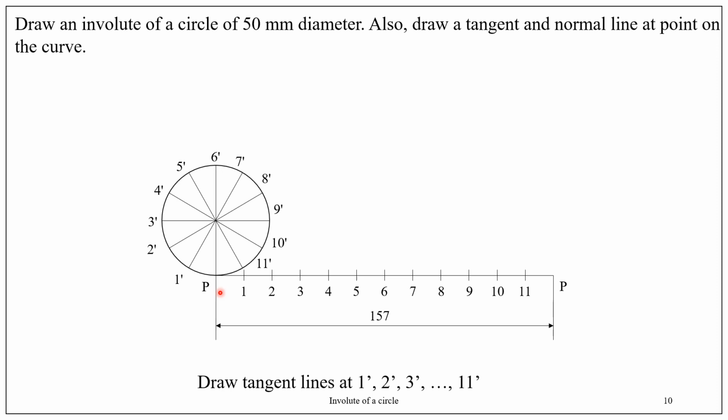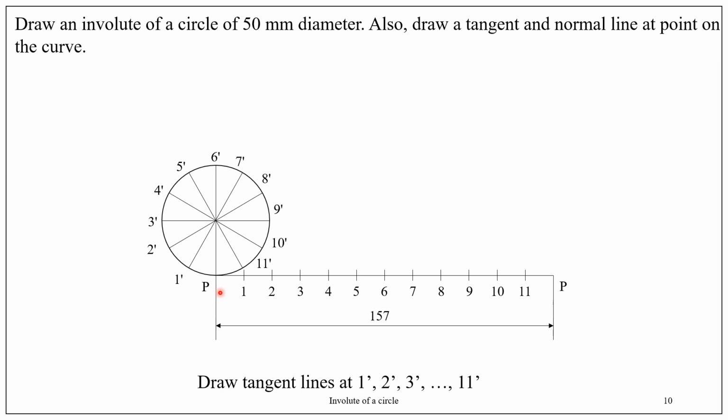Therefore, point P will go to some other position, and that position will definitely lie on a line which is tangential to the circle at point 1 dash.